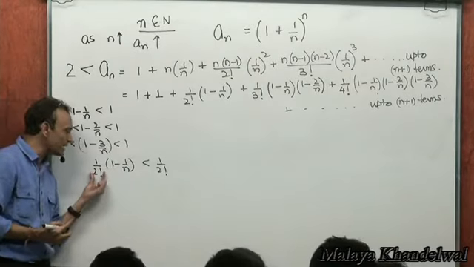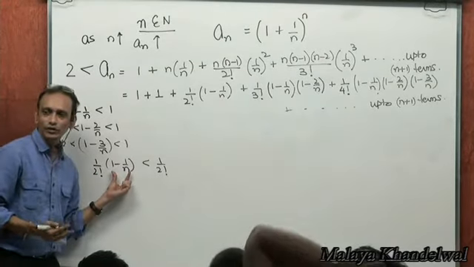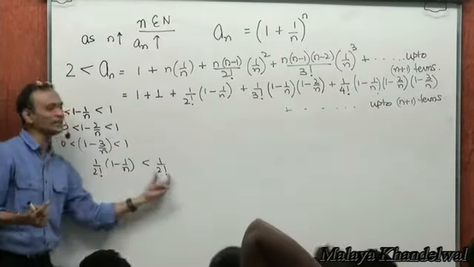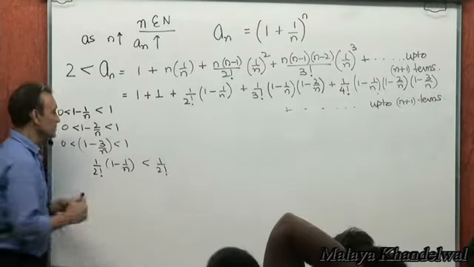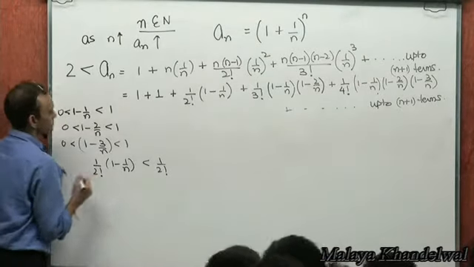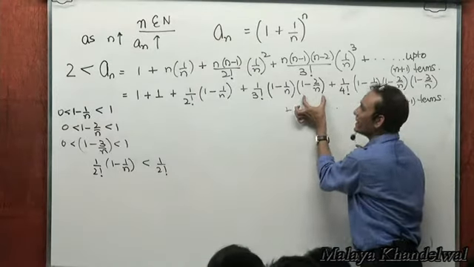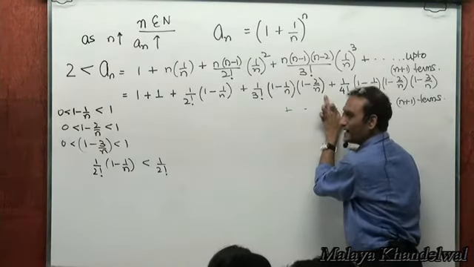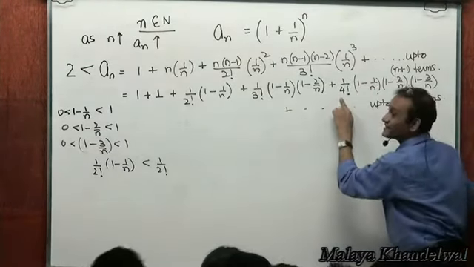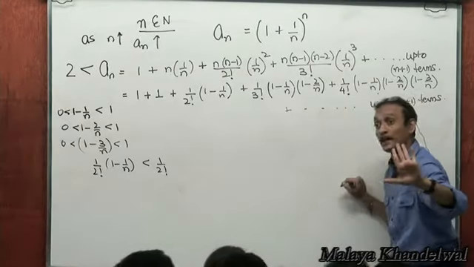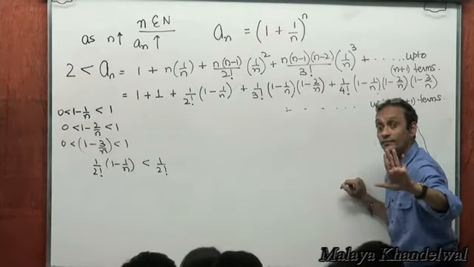If you multiply a number with a number less than 1, then you will get a smaller number. So this will be smaller than this, isn't it? Similarly, this is less than 1, this is less than 1, so this whole thing will be less than 1 by 3 factorial, this whole thing will be less than 1 by 4 factorial. All of that could be said, right?